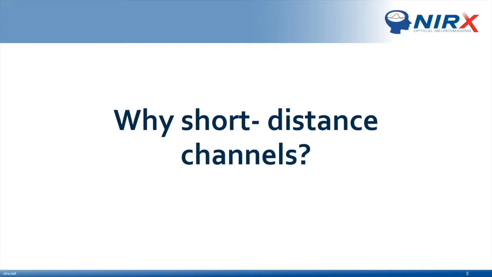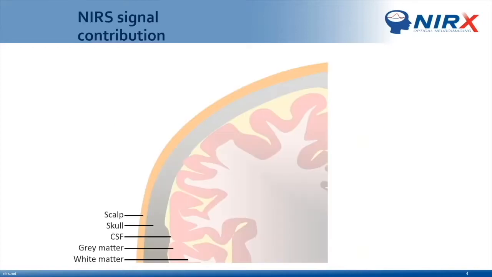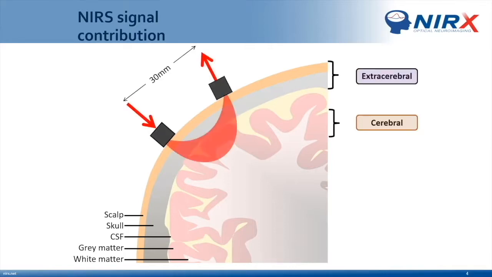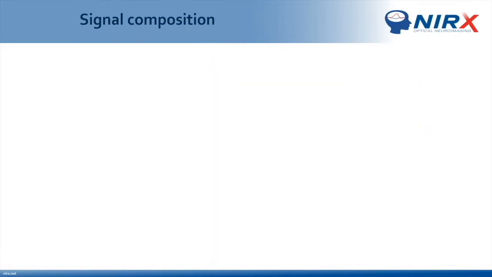So let's get started. Now, some of you might say, hey, I'm quite happy with my measurements. Why do I need to look into short distance channels? To answer that, let's look into the NIRS signal obtained using our standard distance channels. Our 3 centimeter standard channel has two main contributors, the extracerebral and the cerebral components.